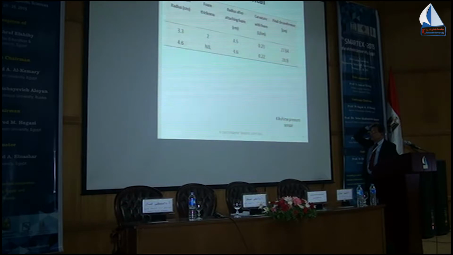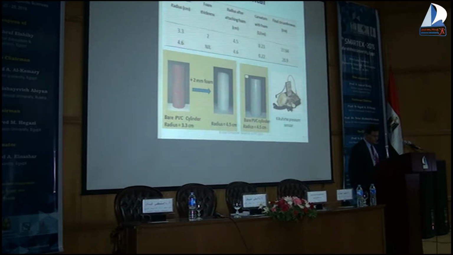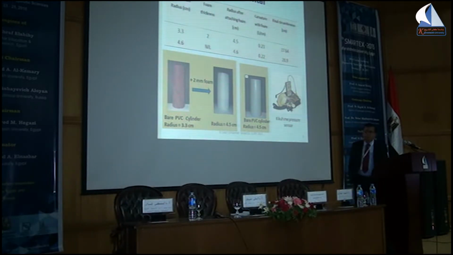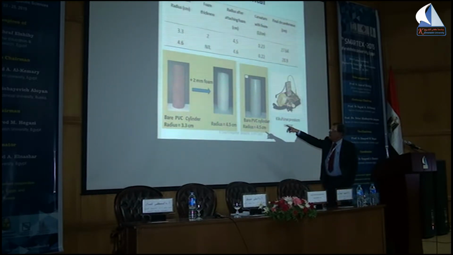Then we put a knitted sleeve around this and measured pressure using a pressure sensor, which is the Kikuhime pressure sensor. So this looks like this: you have a bare PVC cylinder, a foam of 2 mm, and we are putting the foam on the bare PVC cylinder and measuring the pressure using this sensor.